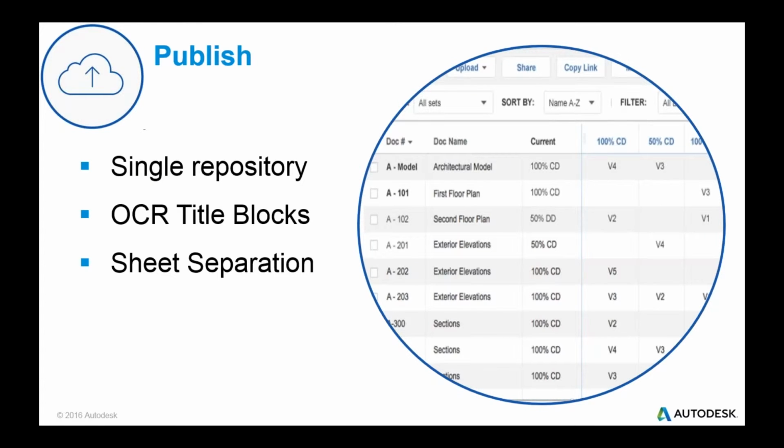So we want to be able to publish. We've defined a single repository of all of our documents, whether they be PDF, scanned images, DWG or Revit documents, all coming into a single repository where all individuals can access that data. We use OCR to extract data out of the PDF files that exist in our project and populate metadata about those sheets to be able to understand them.